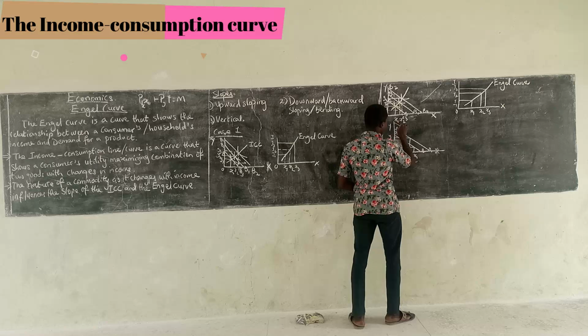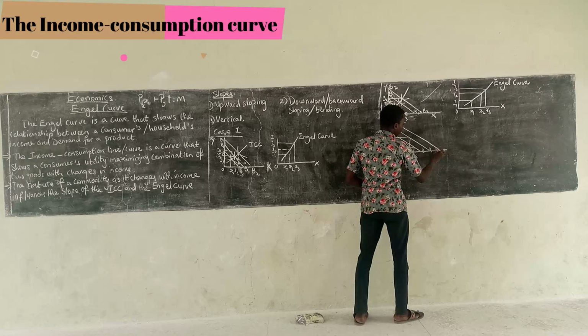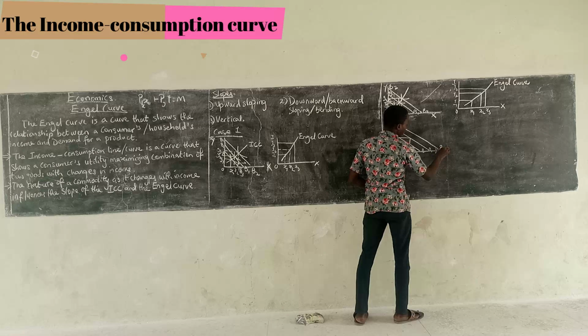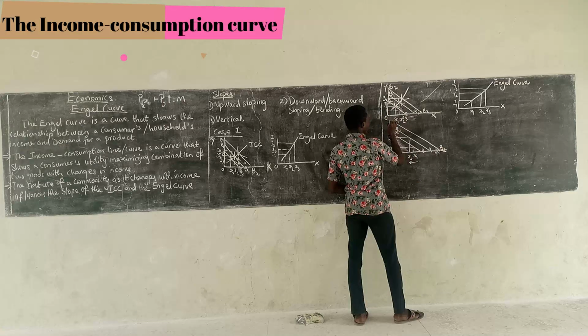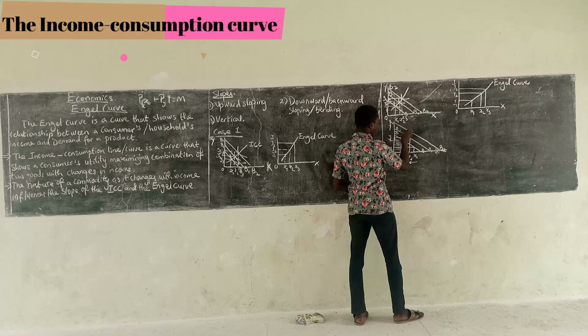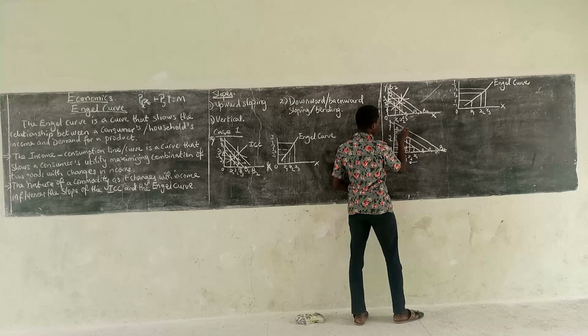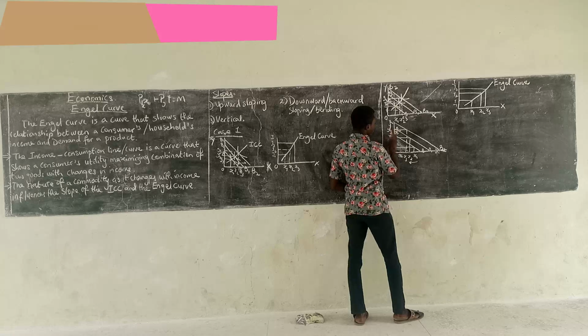So if you have another, same increase in income, it will not be the same anyhow. B2. It still consumes less of this product, X3, and then consumes Y3.